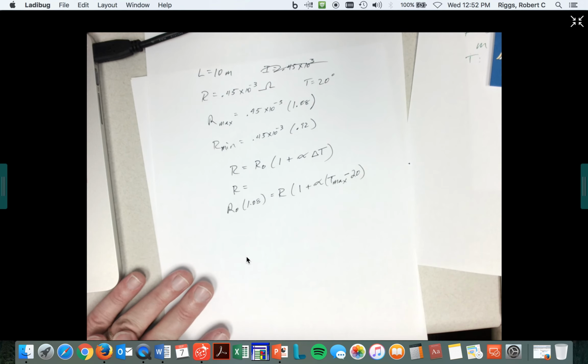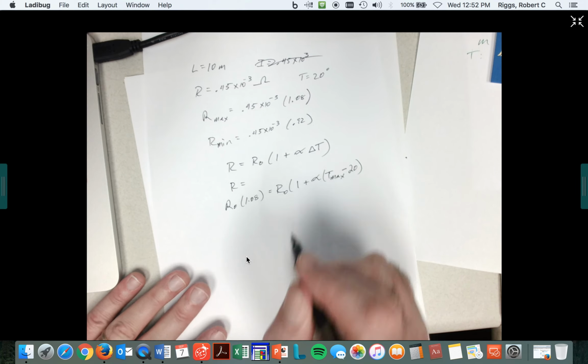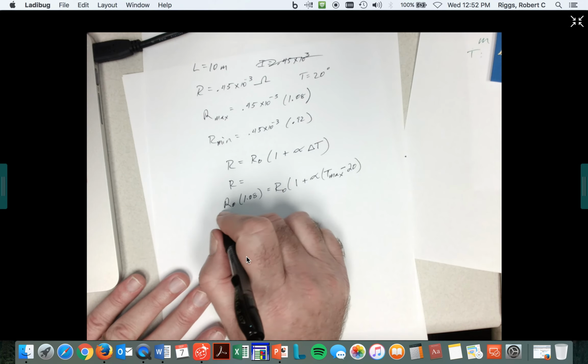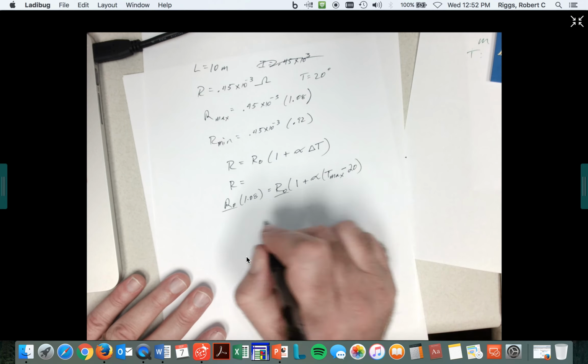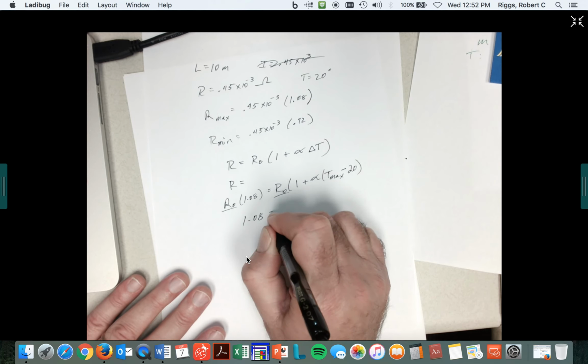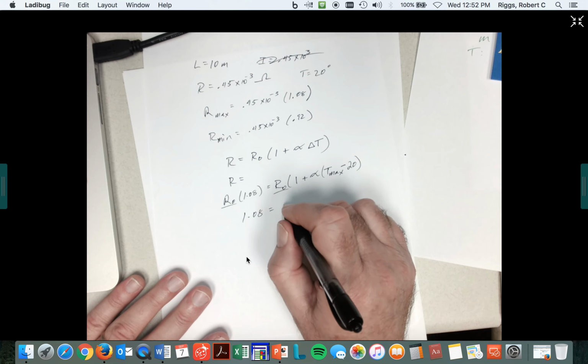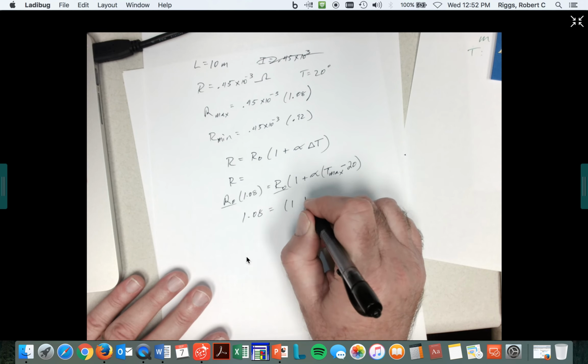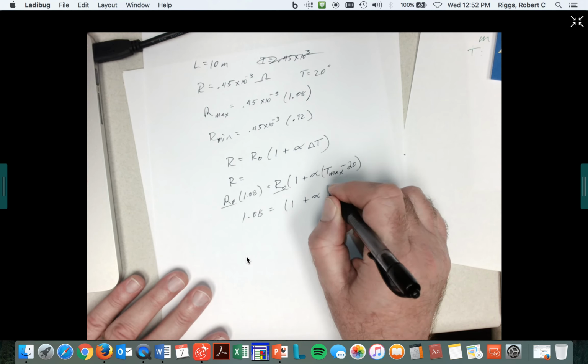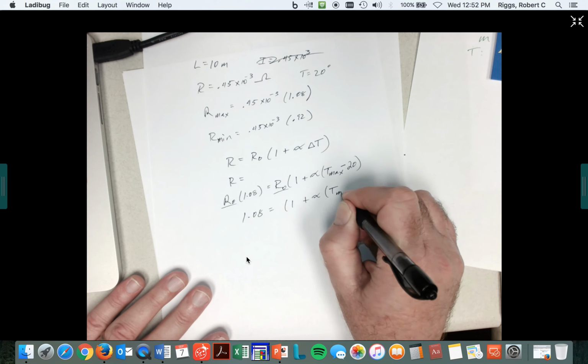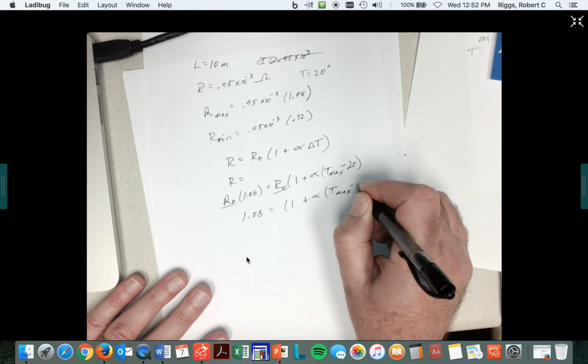All right, so look here. This is R naught, so that cancels. 1.08 is equal to 1 plus alpha times T max minus 20.